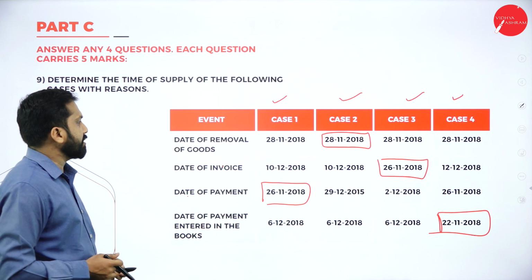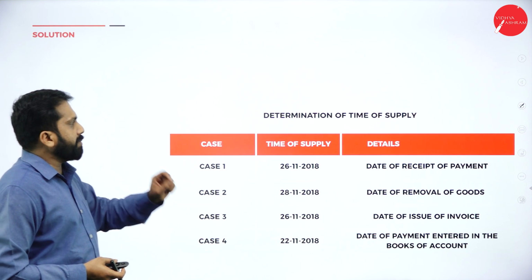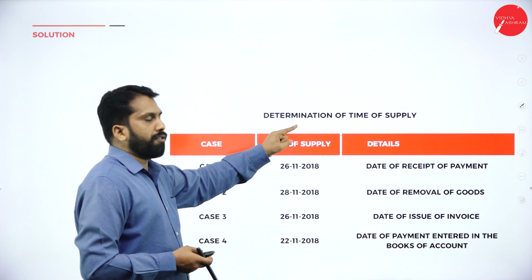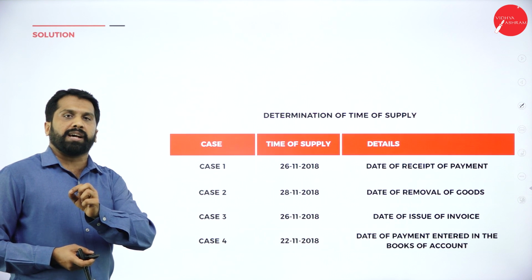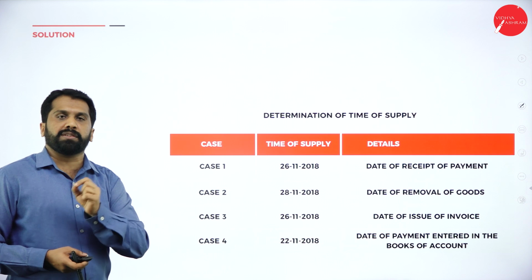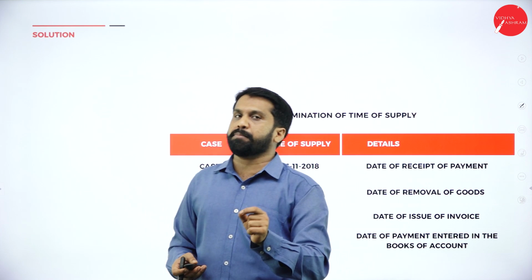We'll go for the answer. Your presentation must be like this. The heading must be determination of time of supply. In my session, whatever presentation I have used is as per the university prescribed. Why am I saying it is as per the university prescribed?